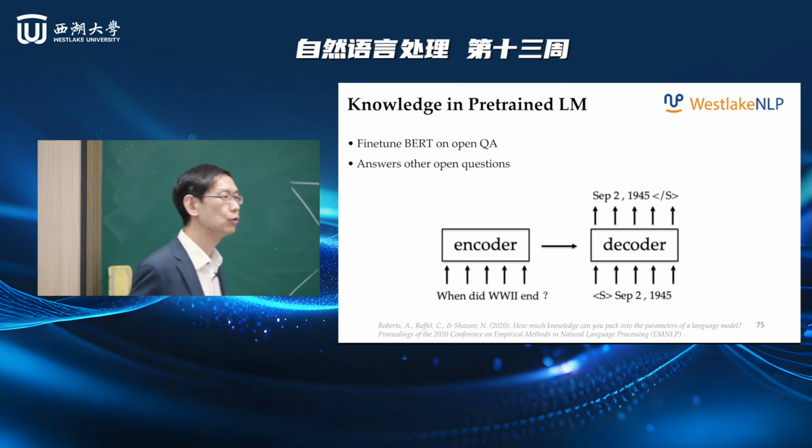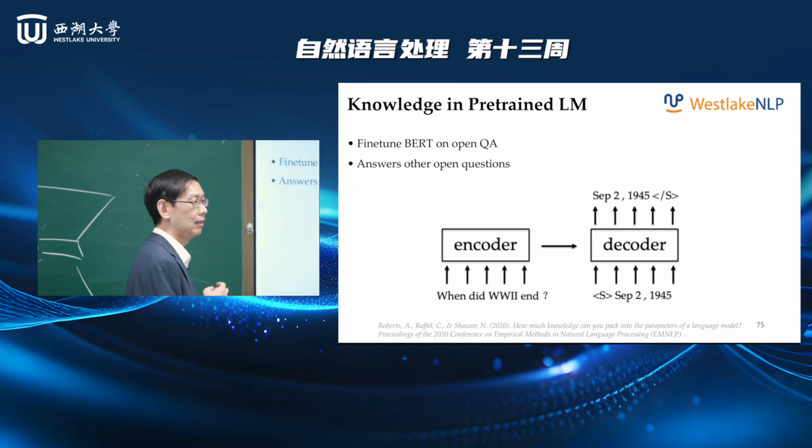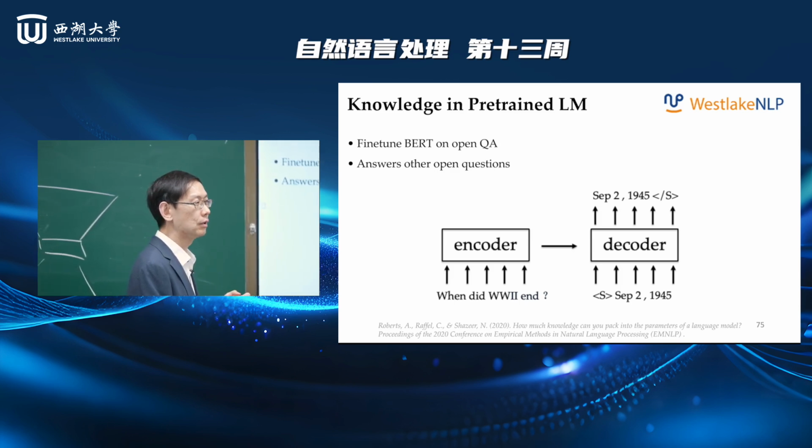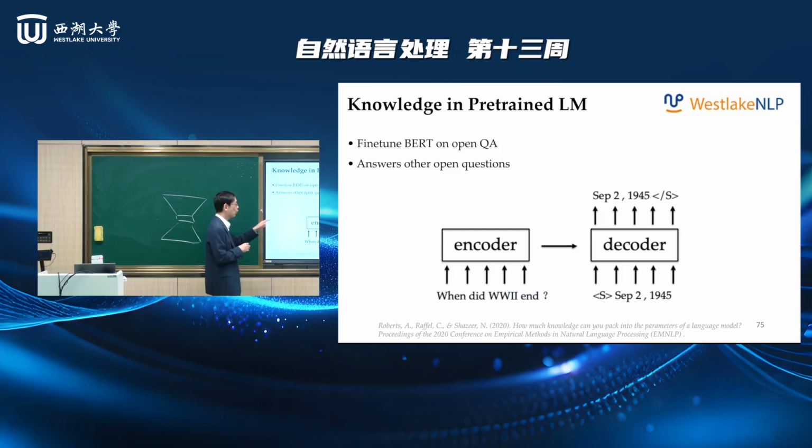And you can also do one crazy thing, crazy at that time. For open domain QA, we just don't use Google. We just use the language model itself. Question in, answer out. So when did World War II end?